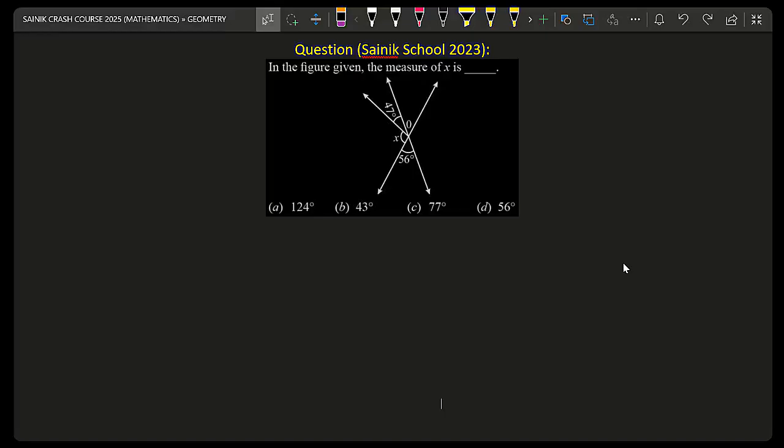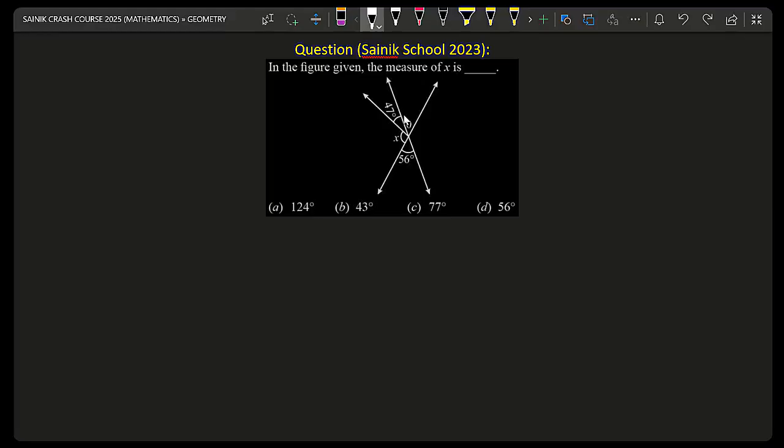So then you have to find x. How can you find x? This one we don't know, and this one we don't know. How can you calculate x? Sir, the angle at O is 56. That is point O. So that angle above is 56.